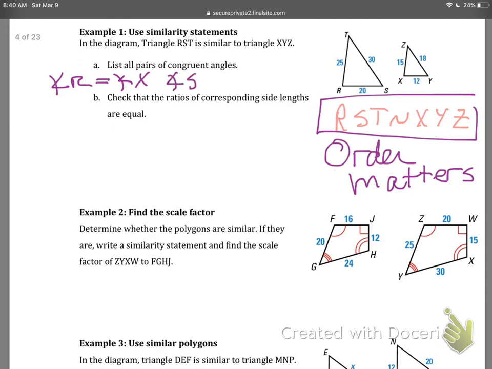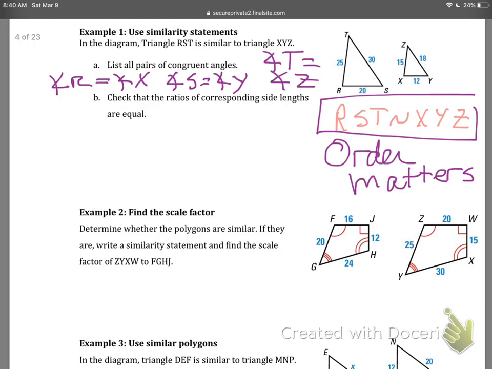Angle S is congruent to angle Y, and angle T is congruent to angle Z. Okay, so make sure you understand that. Okay, next I'm going to check that the ratios of the corresponding side lengths are equal.